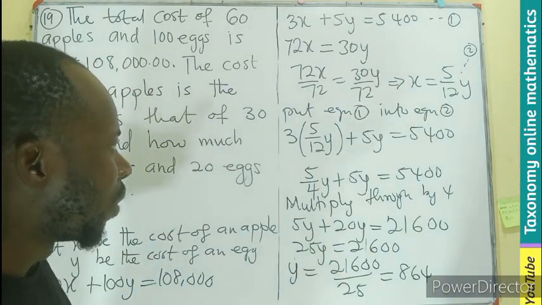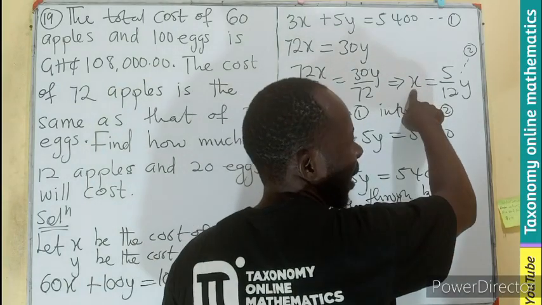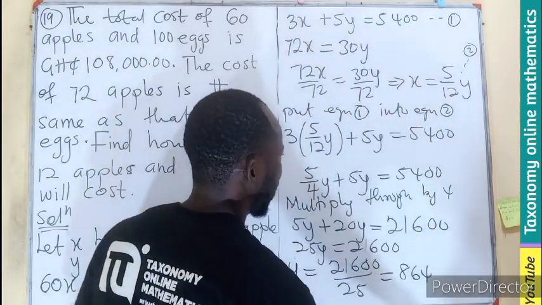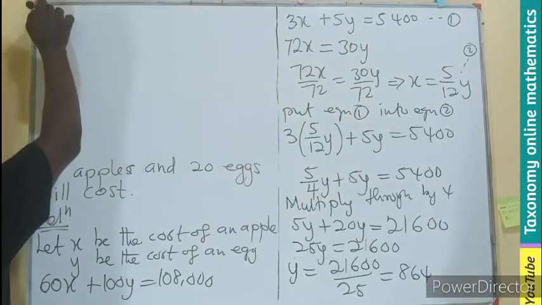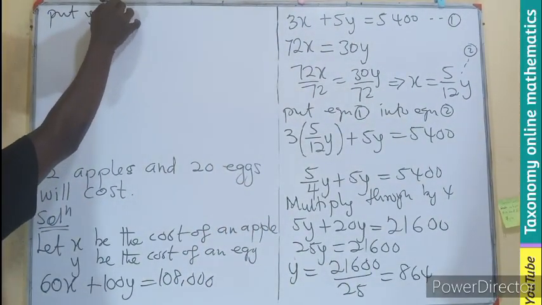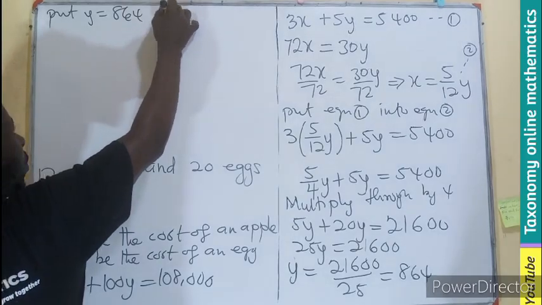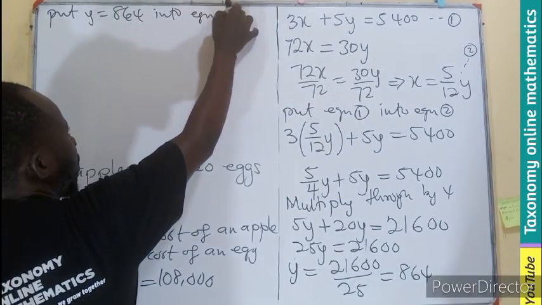But that is not all. We also need the cost of the apple, which is x. So let's do that substitution. Here we put y equals 864 into equation 2.